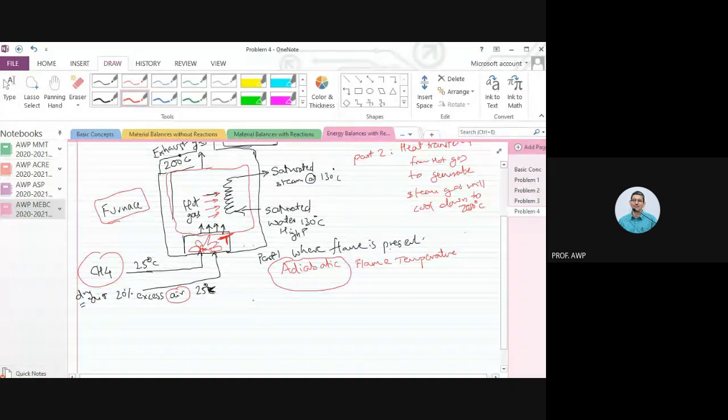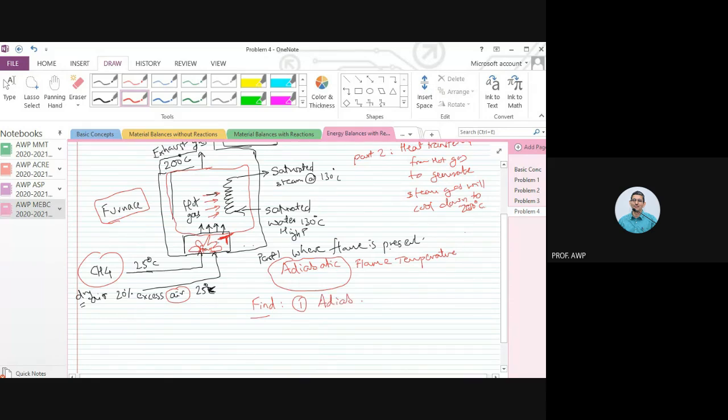So what I want you to find out: one is the adiabatic flame temperature, adiabatic because no heat has been lost, no heat has been taken out. And then second is how many kgs of steam will we generate per kg of methane combusted.